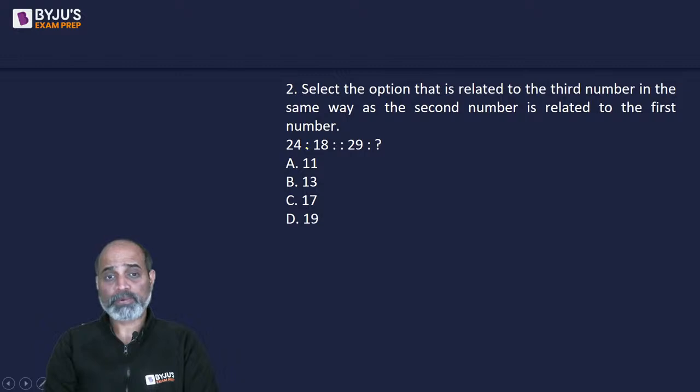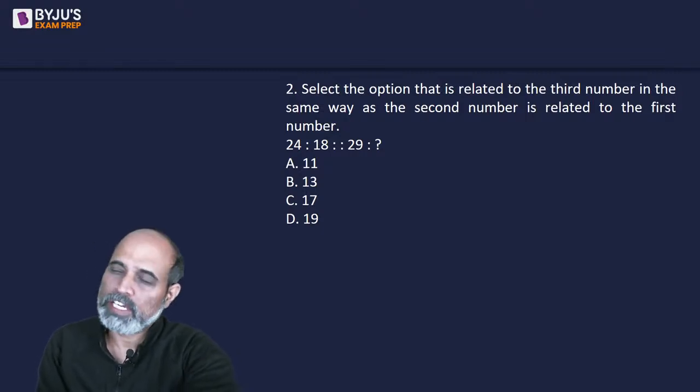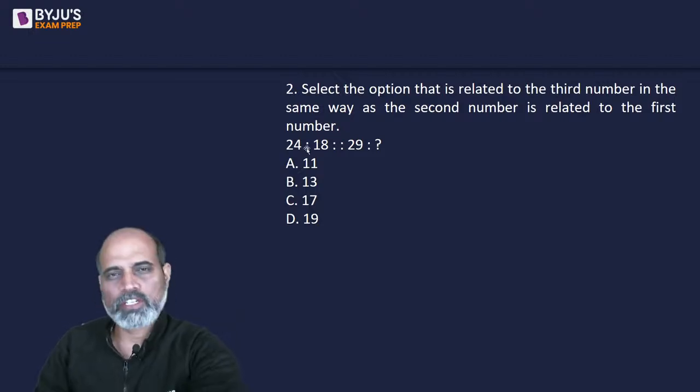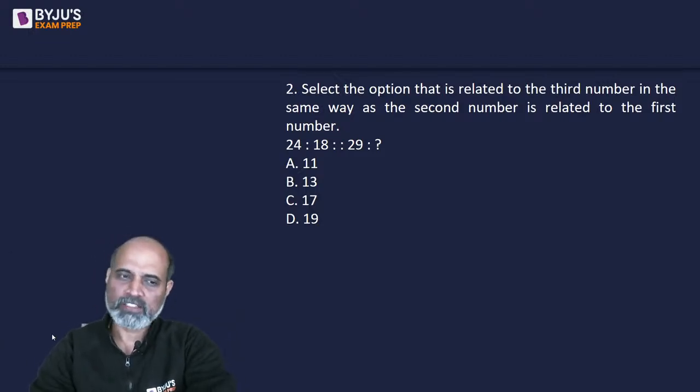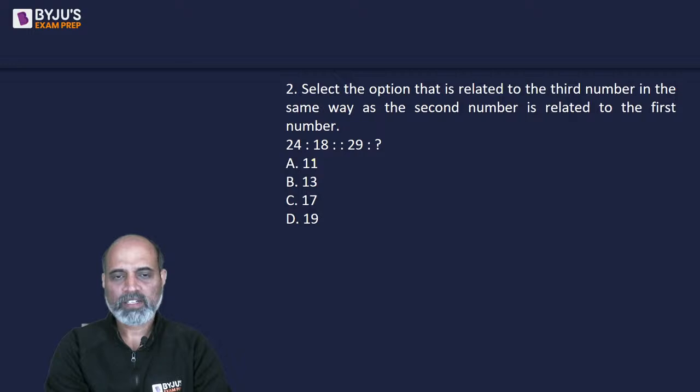In the same way, 29 and the number should be related. So there is a difference of 6 here. They are even numbers, और कौन सा even numbers है? Same logic इधर भी लगना चाहिए. So it should be about which even number 24 is and which odd number 29 is, right?